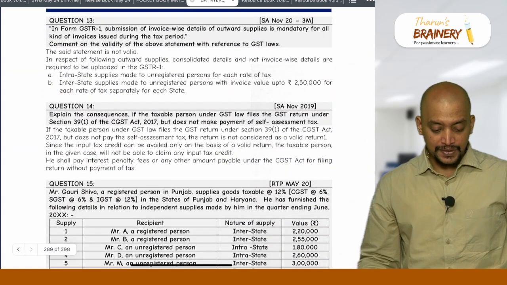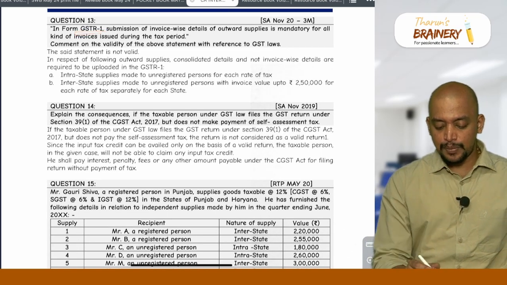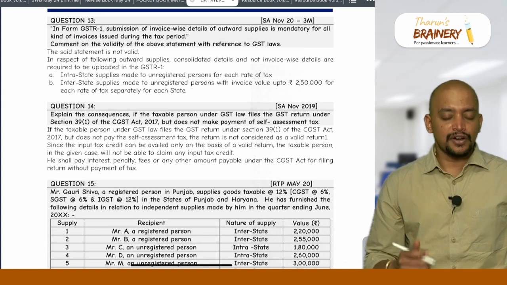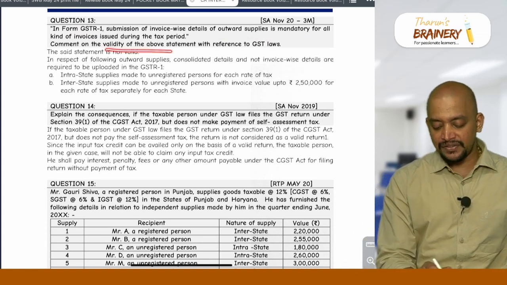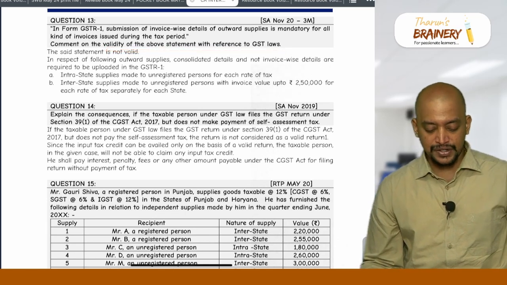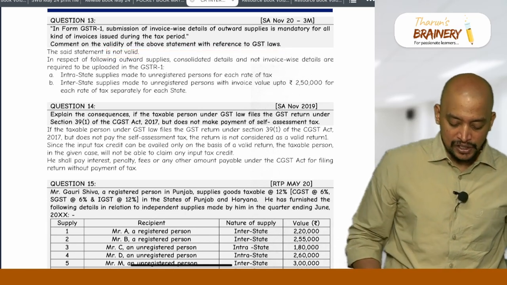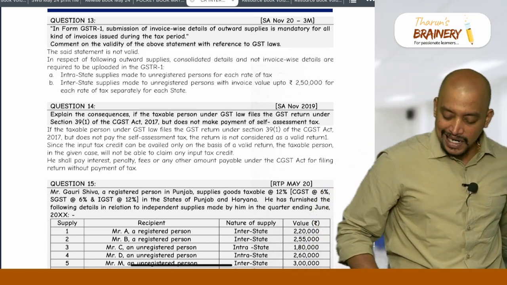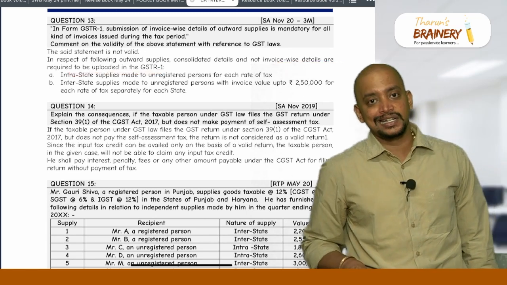Then question number 13. In form GSTR1, submission of invoice-wise details of outward supply is mandatory for all kinds of invoices issued during the tax period. Comment on the validity of the above statement with reference to GST law. The statement is not valid. In respect of the following outward supplies, consolidated details and not invoice-wise details are required to be uploaded in GSTR1.